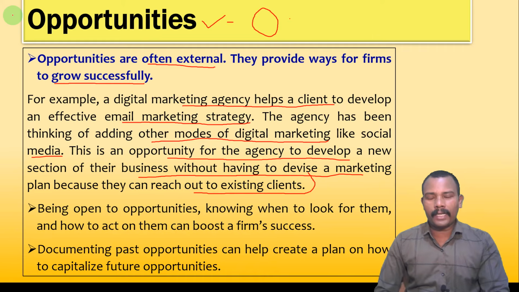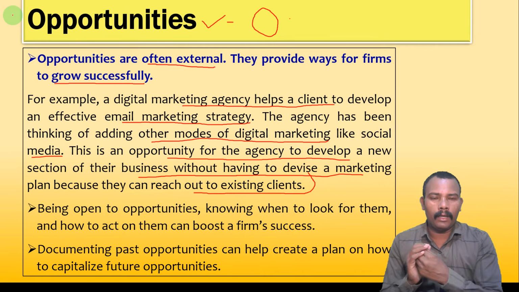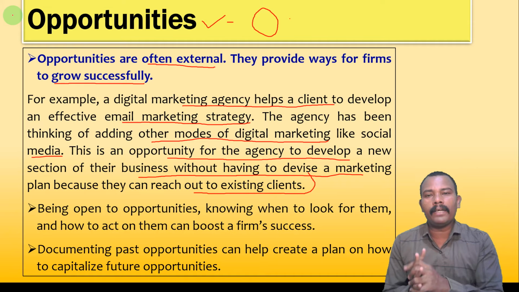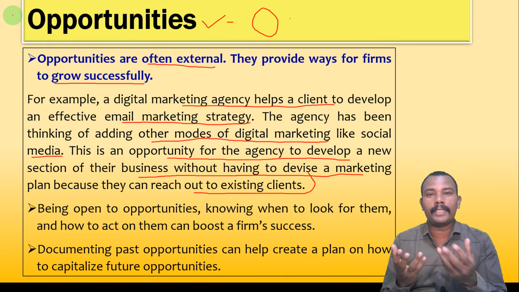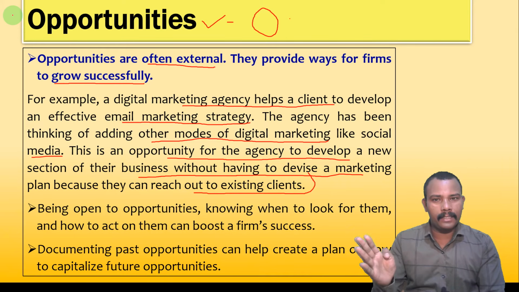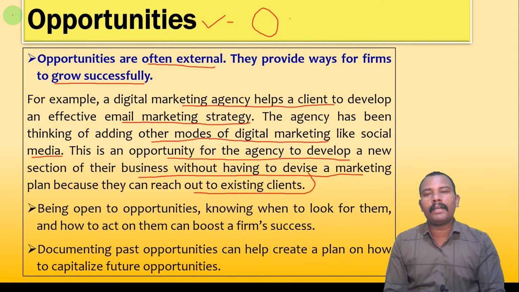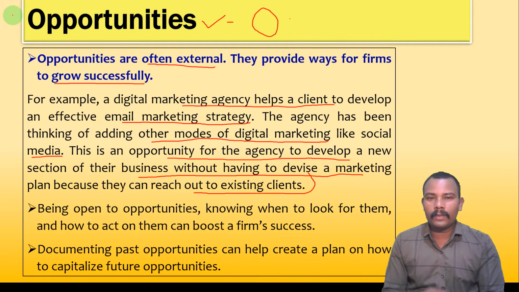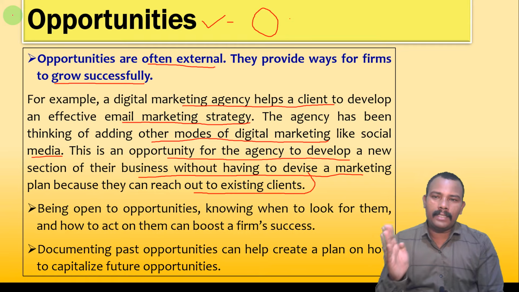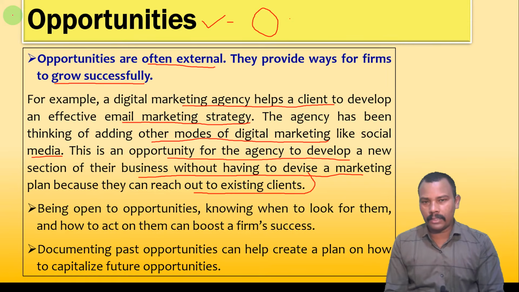Even you can check your emails, you can see different business related emails, and you do not know who is sending them. So who is doing this? A digital marketing agency. So this is one of the strategies to reach the customers.